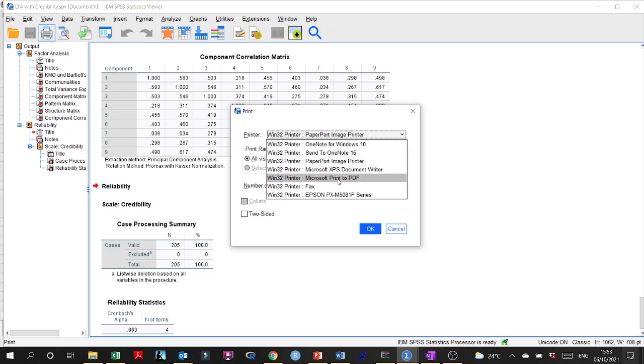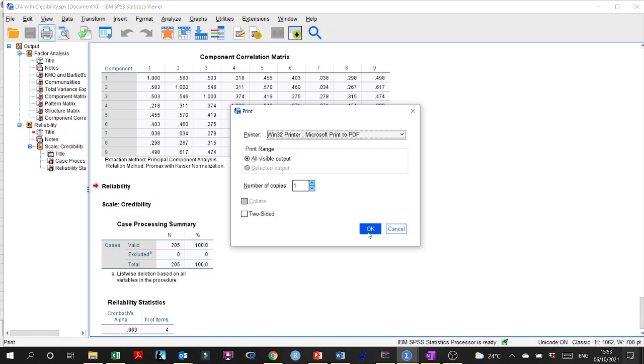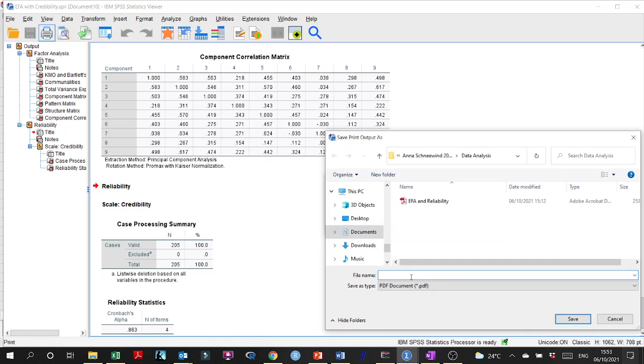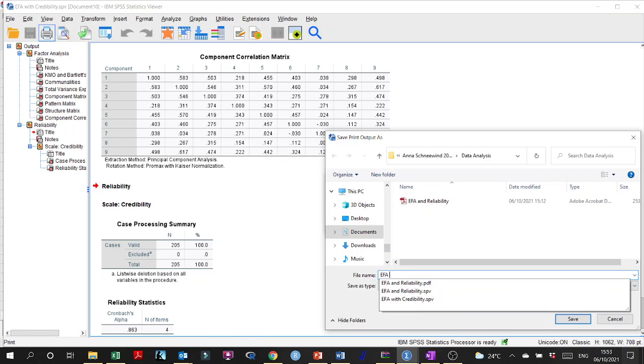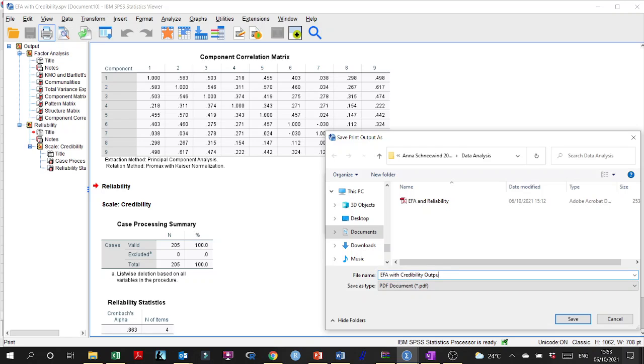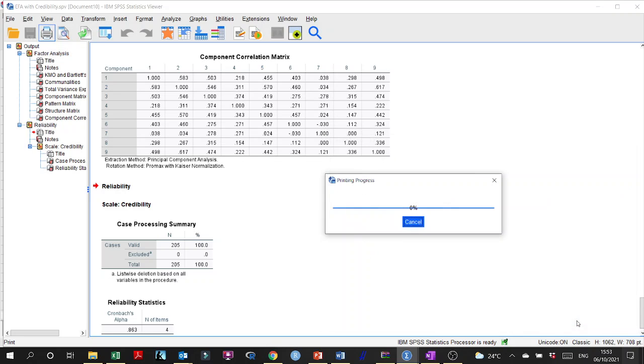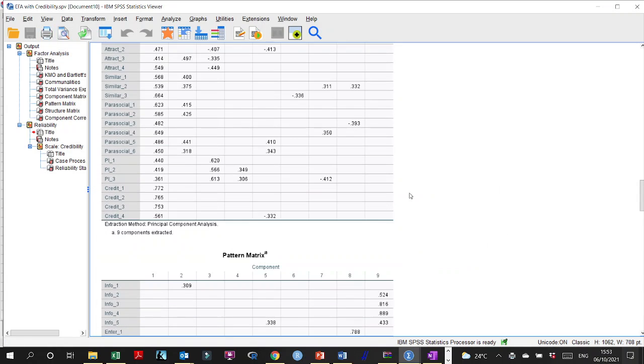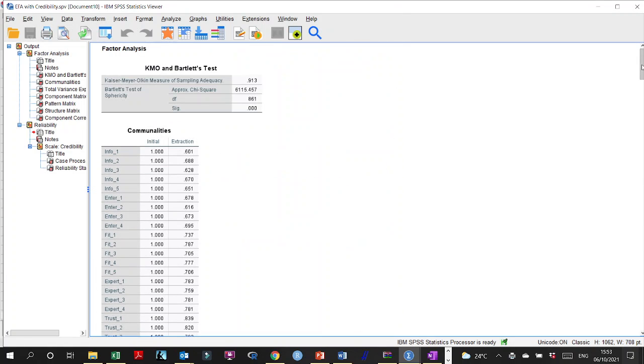I like doing that because I'm not sure when I will lose my access for the trial. I hope I won't, but in any case I'll have to buy it. So that in the future you can come back to see the KMO value, for example, and so on.